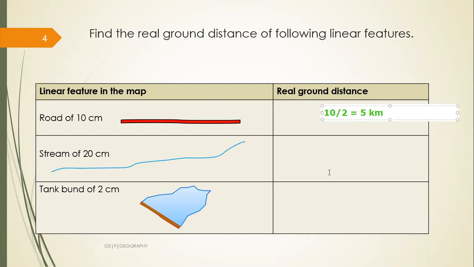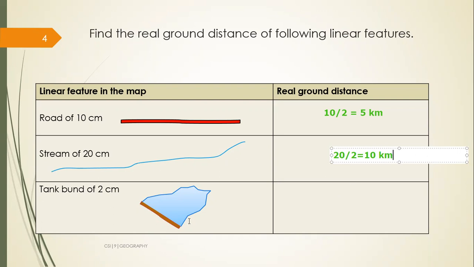are shown here. Then if you go to 20 centimeters of stream, a stream is a river, but a single line, right? It's a linear feature. Then 20 divided by 2 equals 10. Then it shows a river of 10 kilometers distance.